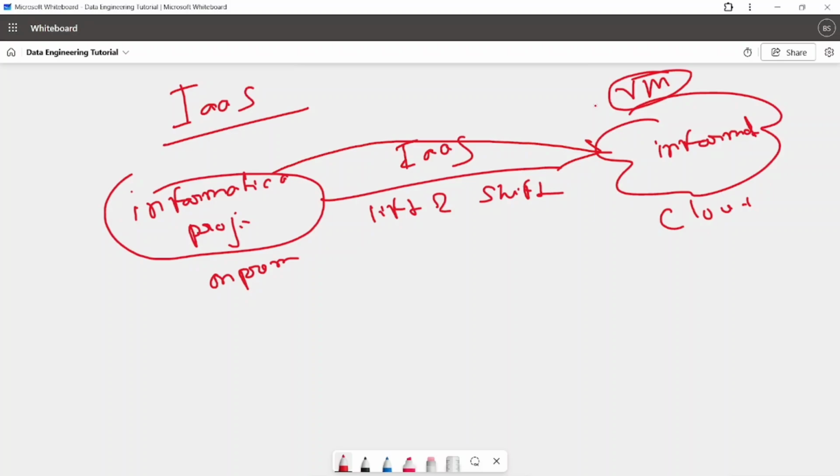This kind of project is also available in the market, but we are not going to be a part of this. IaaS is not related to us. We are just going to use only PaaS services.